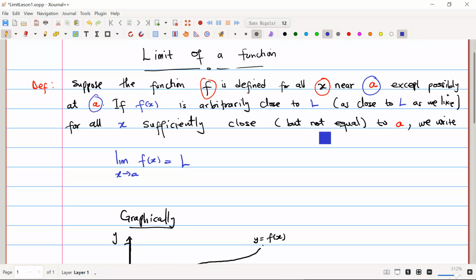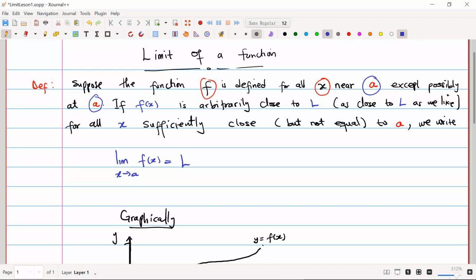It can be that the function is not defined at exactly x equals a, or it can be that the function is defined there. That's okay. If f of x is arbitrarily close to L, as close to L as we like, for all x sufficiently close but not equal to a, you write this.